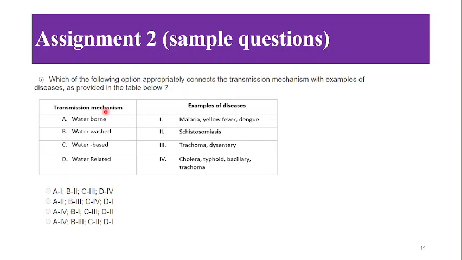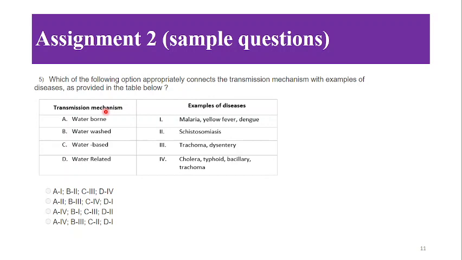Can anyone of you tell me what will be the answer for waterborne transmission mechanism? It's cholera, typhoid, bacillary trachoma. Okay, yeah, correct. Waterborne transmission mechanism is basically that you consume the contaminated water. So yes, cholera, typhoid, bacillary trachoma is the example for waterborne.